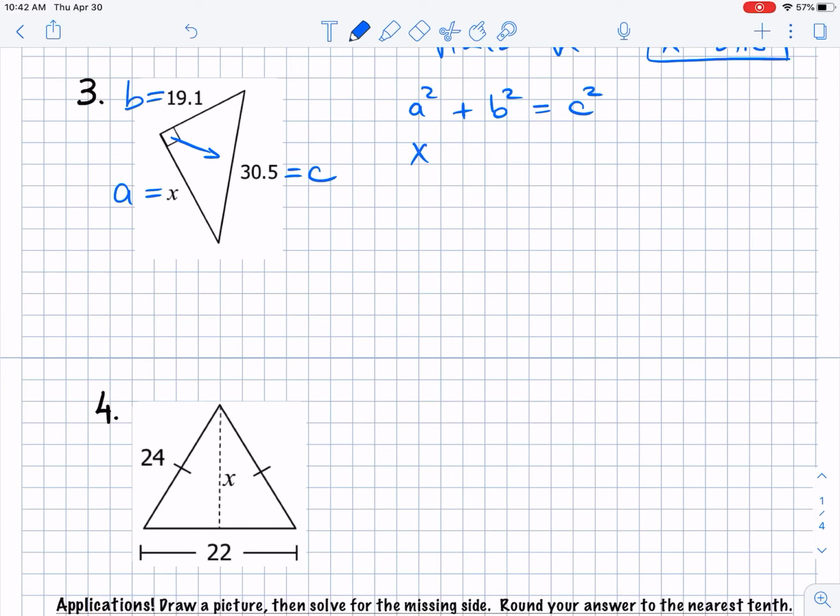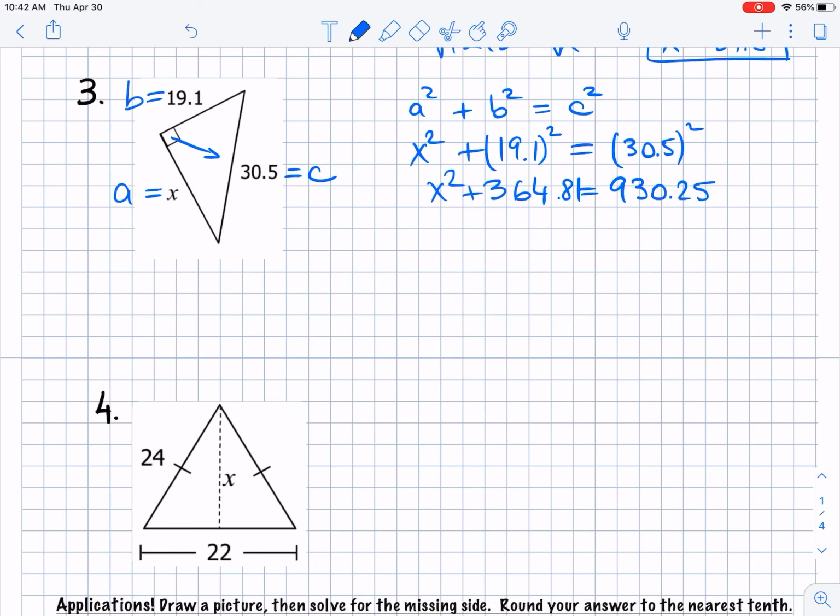A is x squared plus b is 19.1, and I'm going to put it in parentheses so I can identify that I have a decimal point, and c is 30.5 squared. Okay, so 30.5 squared is 930.25. 19.1 squared is 364.81, and x squared stays the same.